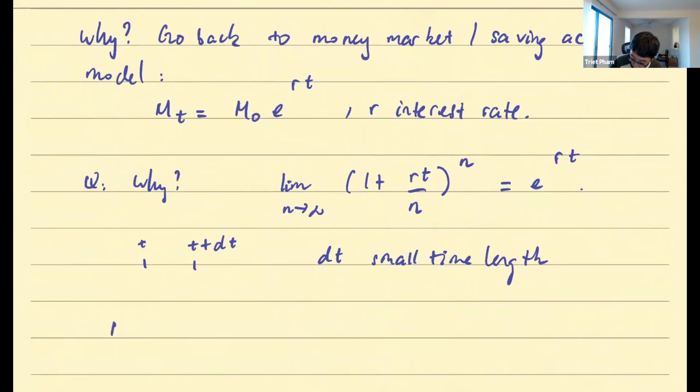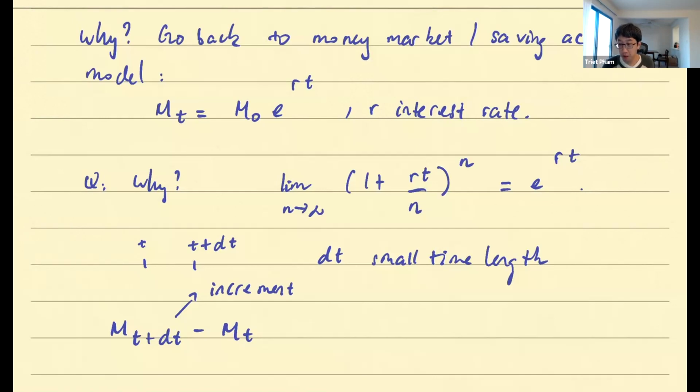I just consider my savings account and how much it has changed during that time interval. This is always referred to as the increment, the net change from time t to time t plus dt.